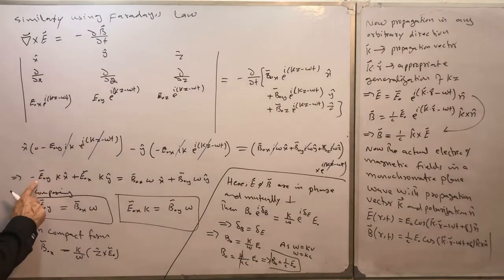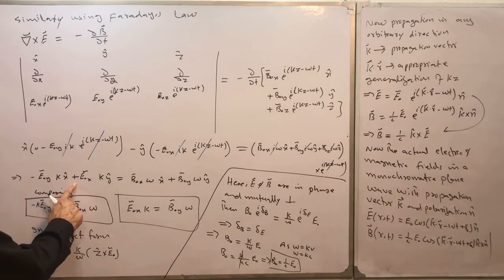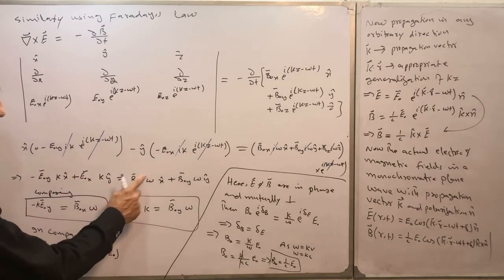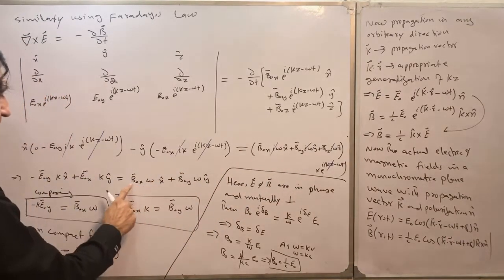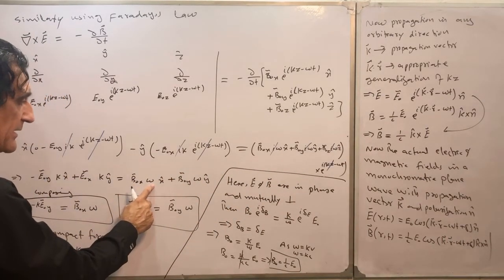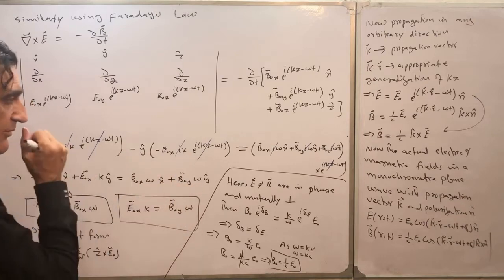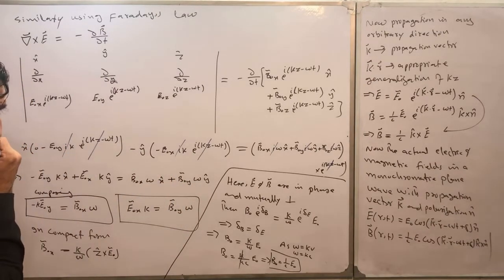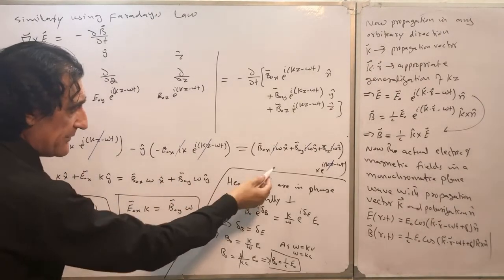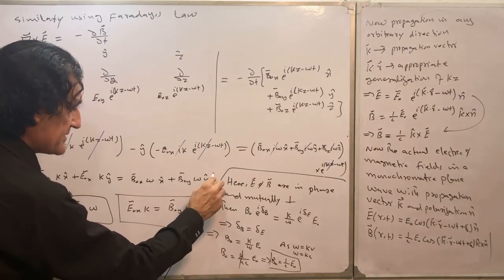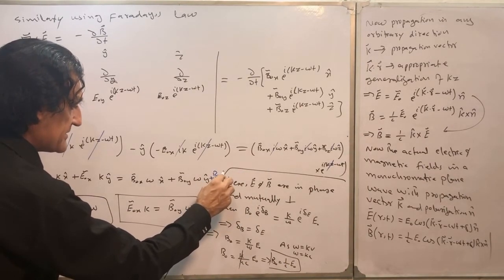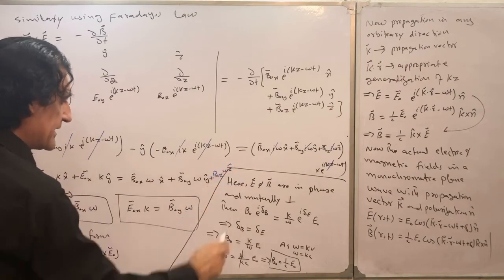And then we have a simple equation, minus E naught tilde k x plus E naught x k y, which is equal to B naught x omega and B naught y omega y. And also we have the term plus B naught z omega in the z direction.